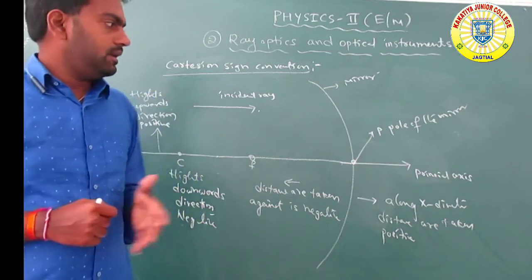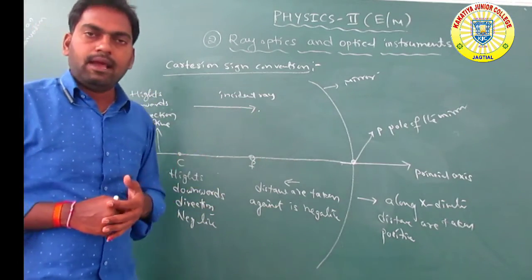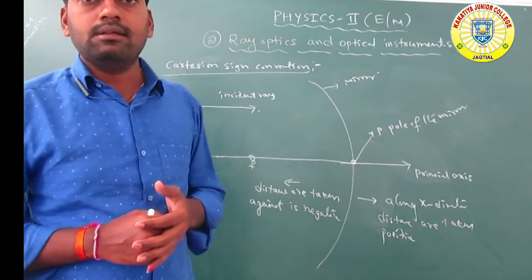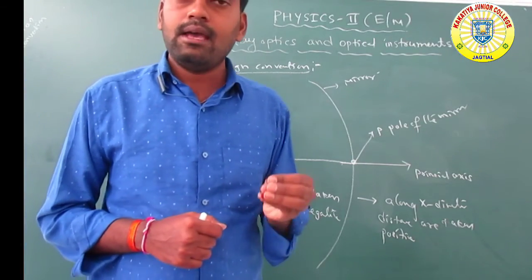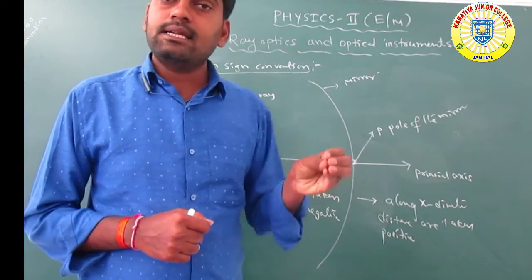The distances measured along the x direction, along the axis, are taken as positive, that is, along the incident ray.